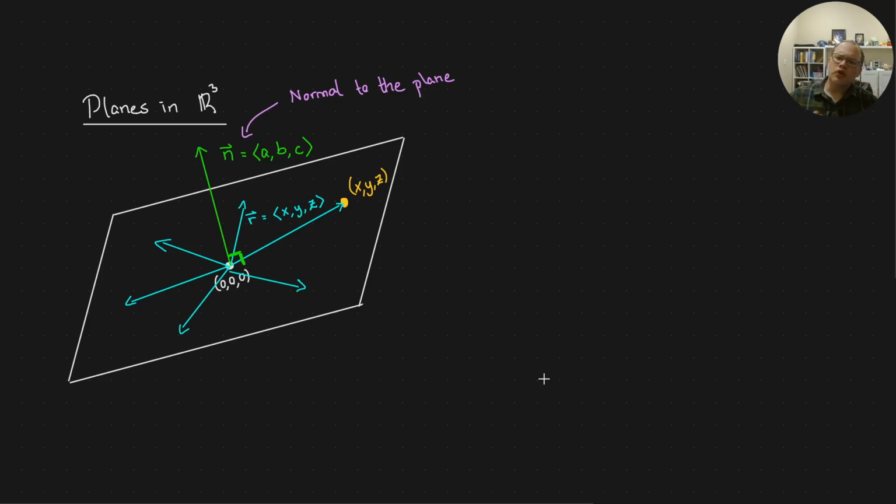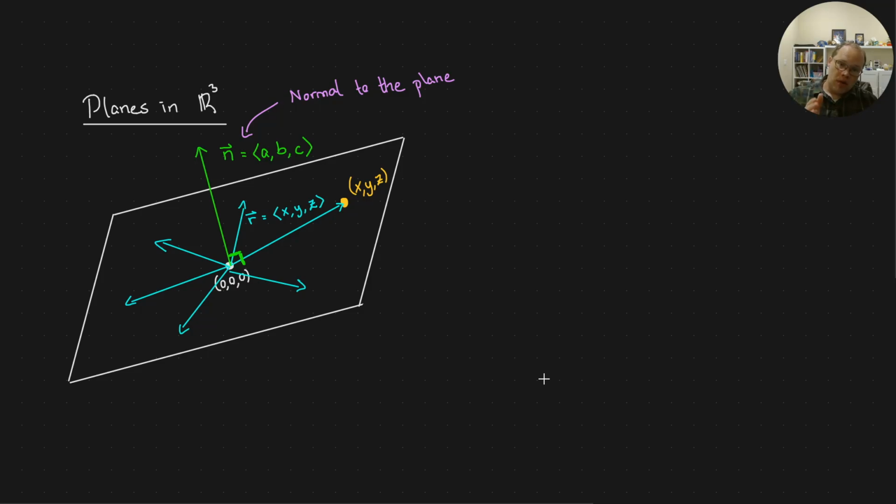Be careful here. Don't confuse normal with the norm of a vector or normalizing a vector. They all sound pretty similar. They're all completely different. The norm of a vector is the operation we do when we find the length of a vector. Normalizing a vector is turning a vector into a unit vector.